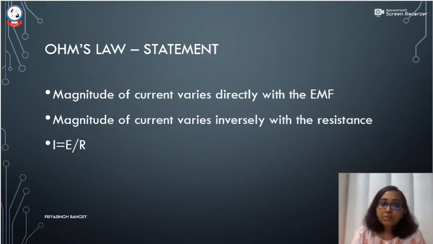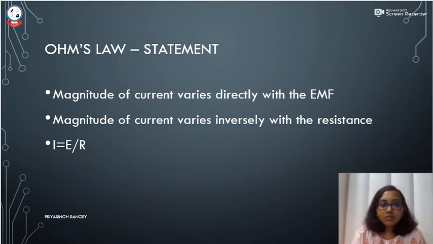So I = E/R, or I = V/R, where V is the potential difference that lies on the two ends of the conductor. So this is what the Ohm's law states.